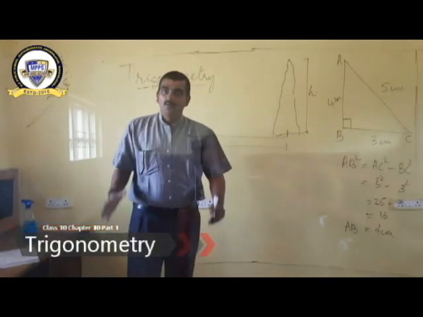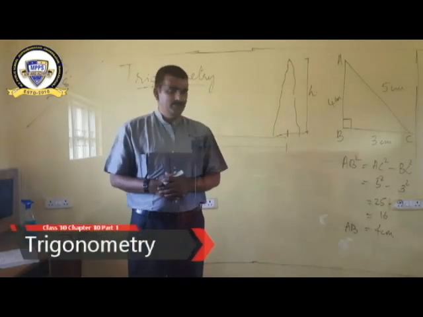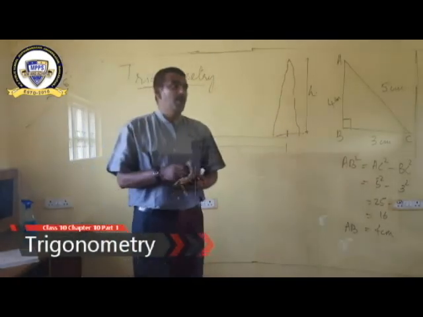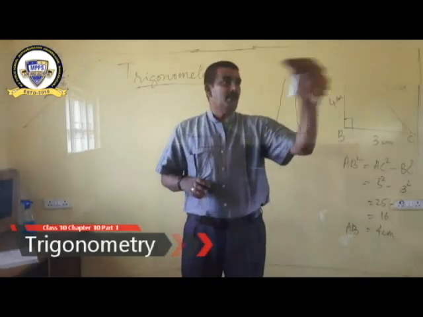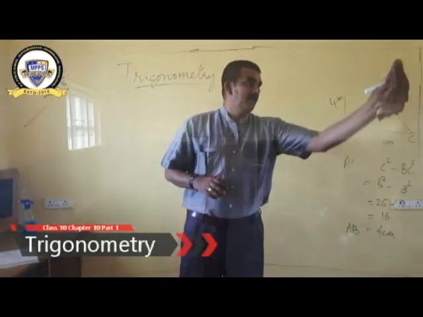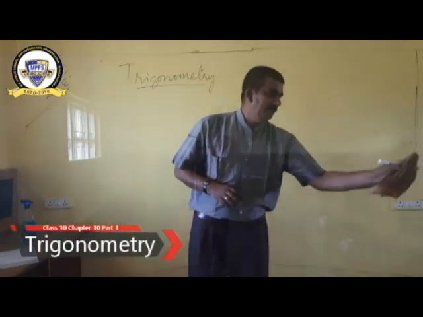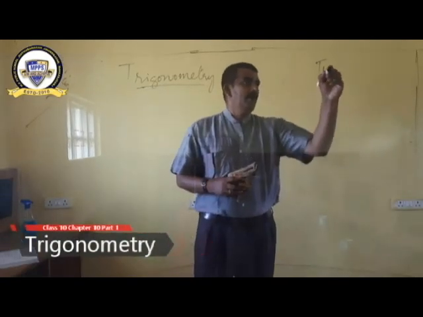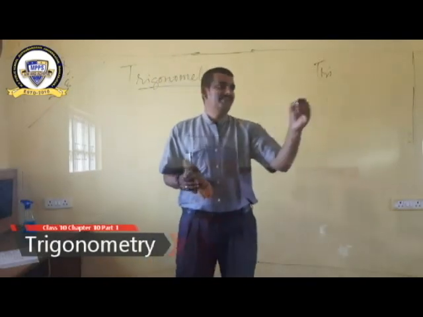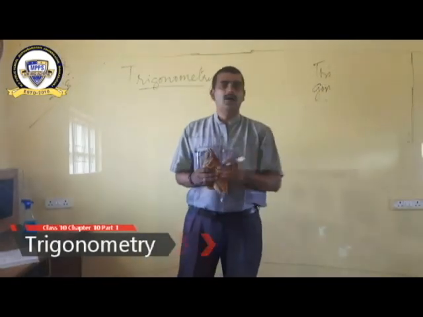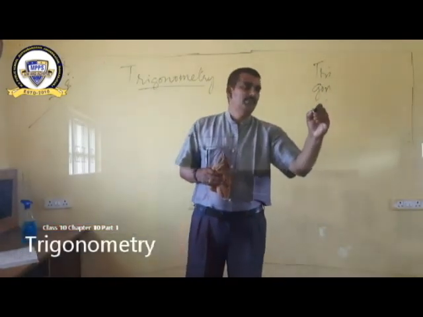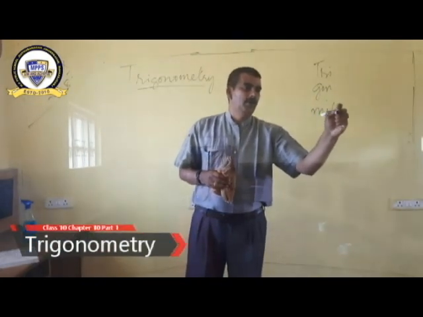Trigonometry. What is this trigonometry? We are going to know about the term trigonometry. We can divide this trigonometry into 3 parts. One is tri, T-R-I, tri. The next is G-O-N, gon. The next is metron, metron.